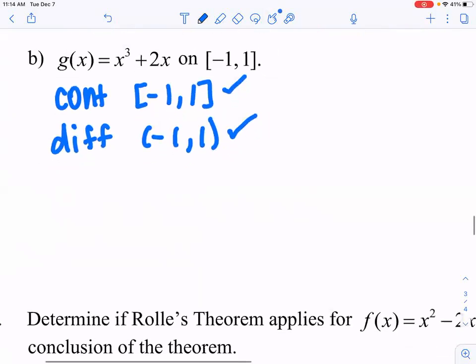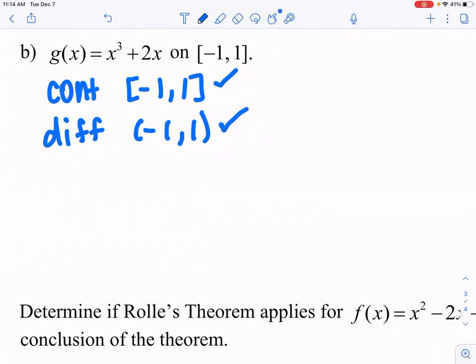Okay. All right. So now we want to know where the average rate of change is equal to the instantaneous rate of change. Okay, basically, we need the slope between these 2 points. So we better find the y values before we do that, right?